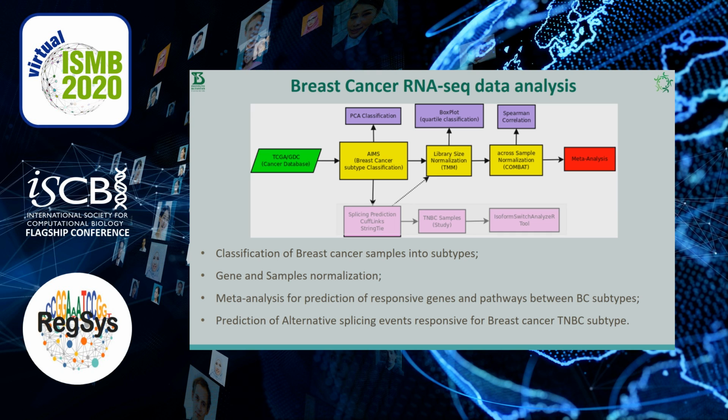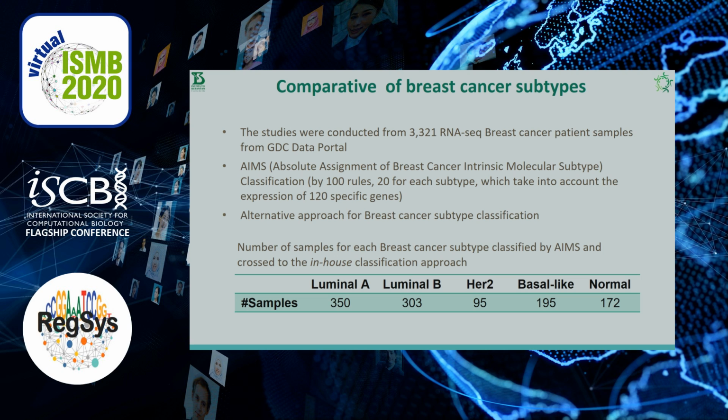Based on the classification of subtypes, we select a subset of the TNBC samples for the prediction of alternative splice events. So, based on around 3,000 RNA-seq breast cancer samples from GDC, we have applied 2 approaches, the AIMS and our in-house approach for breast cancer subtype classification.